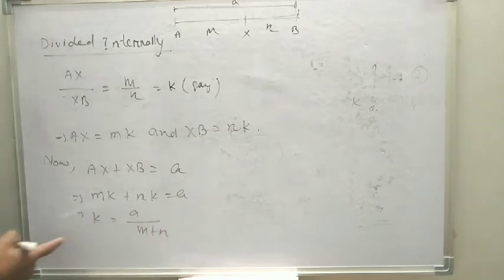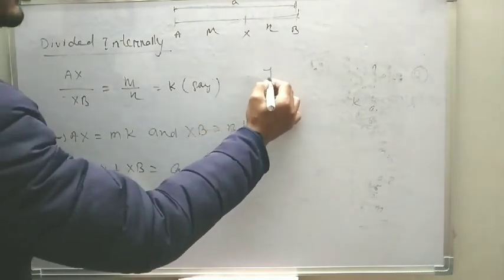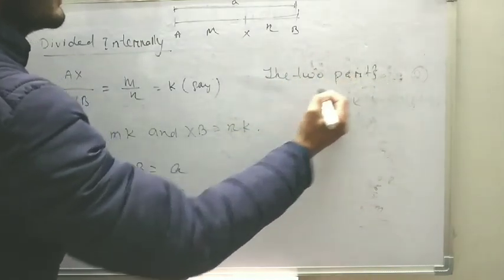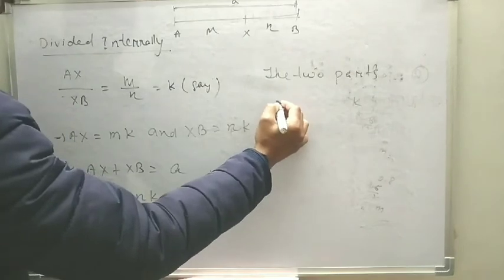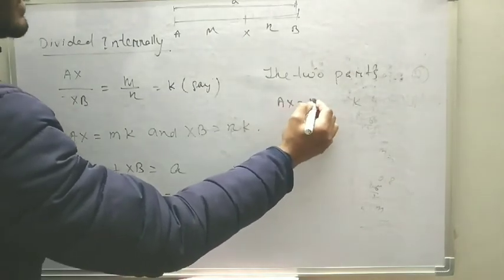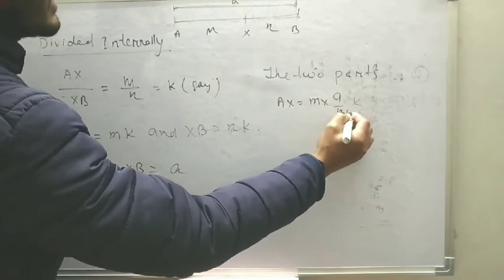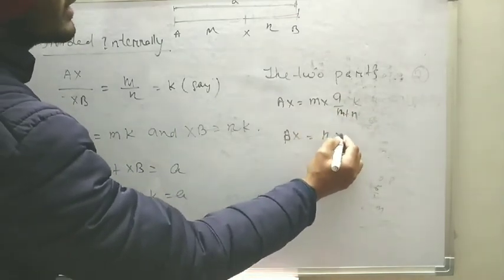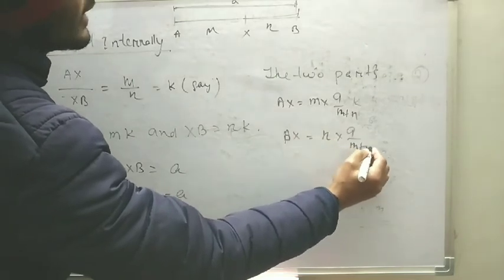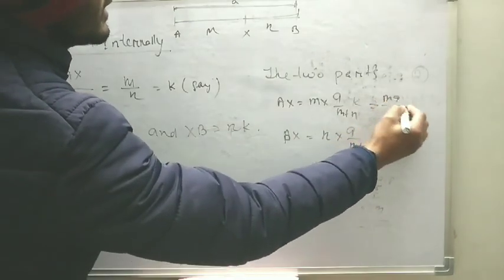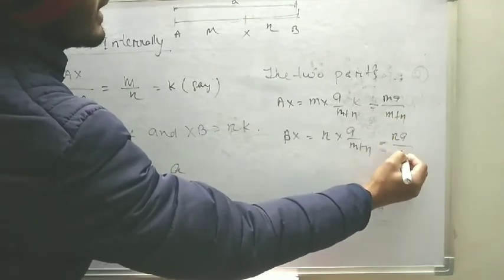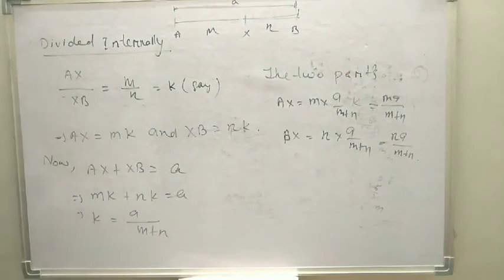From this we can find the two parts: AX, that is m multiplied by a by m plus n, and BX will be n multiplied by a by m plus n. So it is ma by m plus n and na by m plus n. This is the internal division.